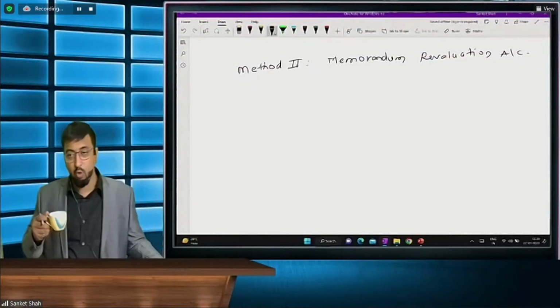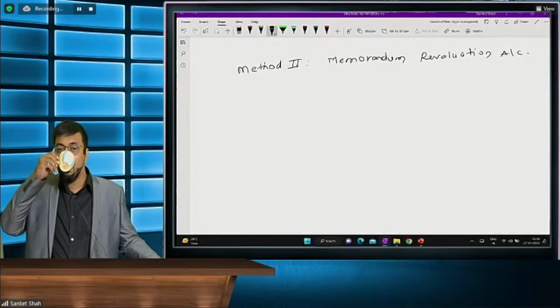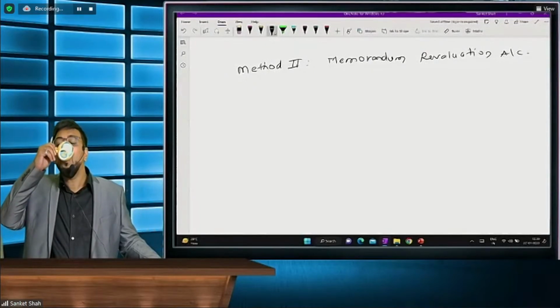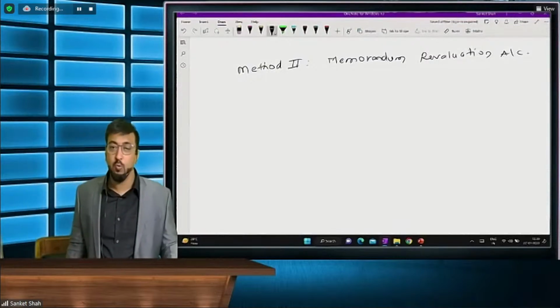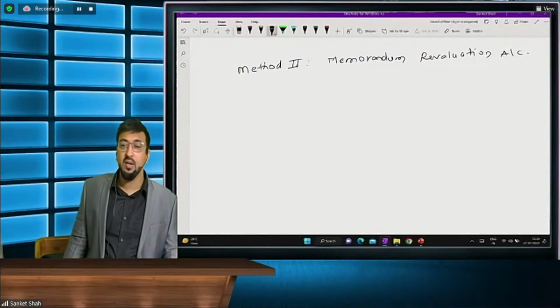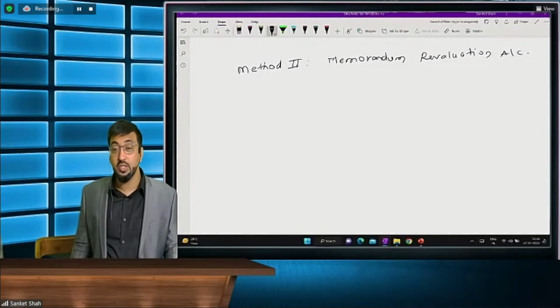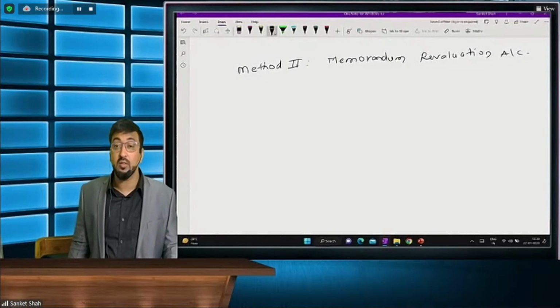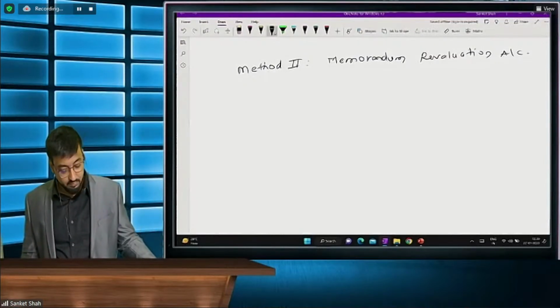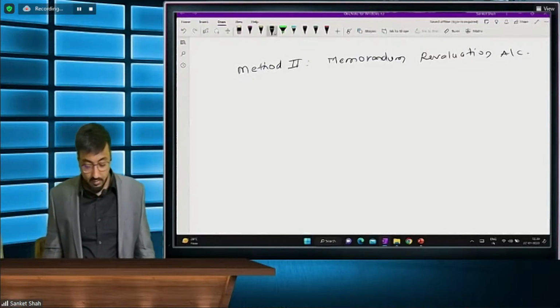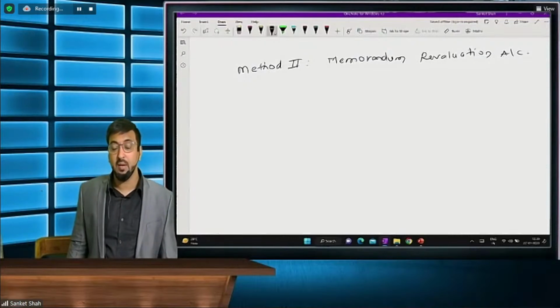Memorandum revaluation account. How many of you are regularly watching some news, at least for 30 minutes, related to markets? कितने लोग देखते रहे दिन भर में मार्केट वगैरह?